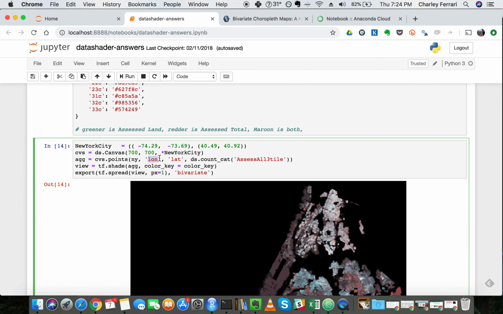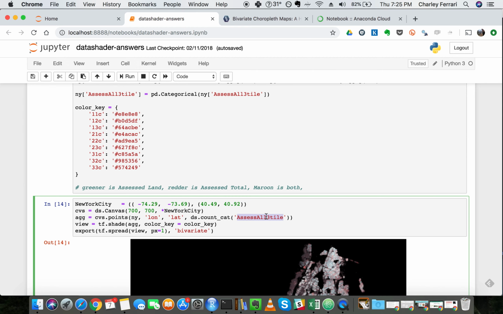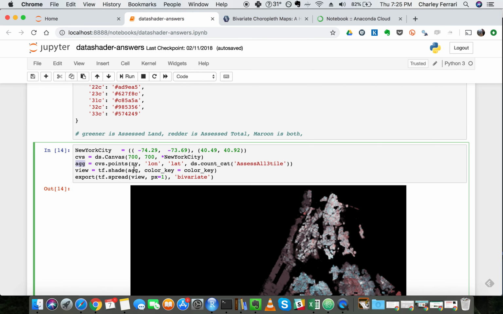So it's just looking at latitude, longitude, and we're using a Datashader function to access the tertile. We also have the shading, which we're doing with the color key. So we've mapped our categories, and we're now adding the color, building on top of this agg object, and then viewing our results.